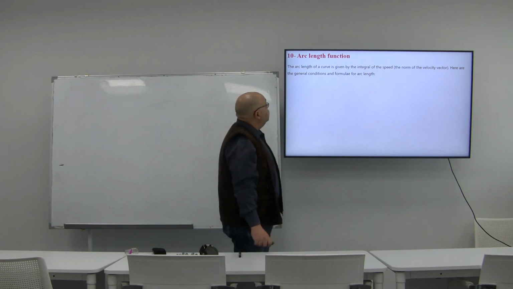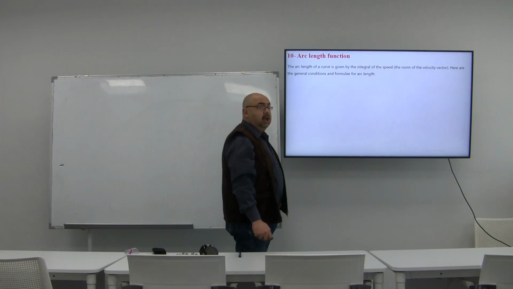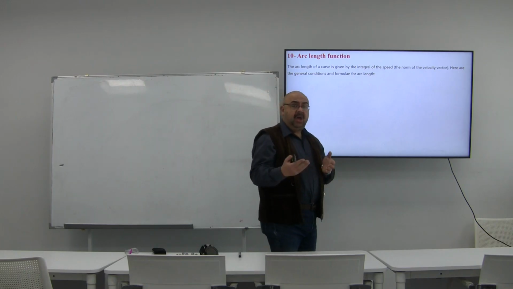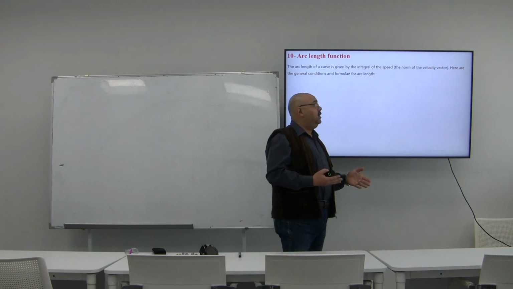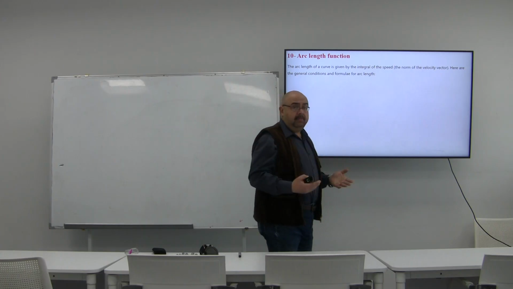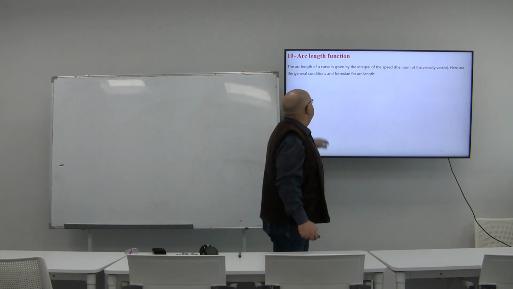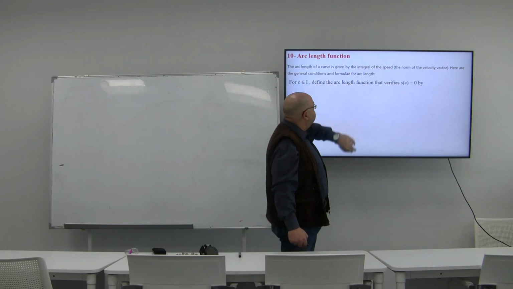So the arc length of a curve is given by the integral of the norm of the speed, which is why, once you have R, you differentiate to get R dash, and get the norm or the magnitude. Here are the general conditions and formulas for arc lengths.